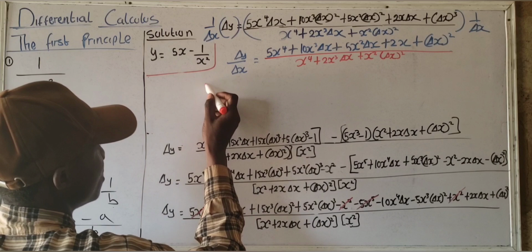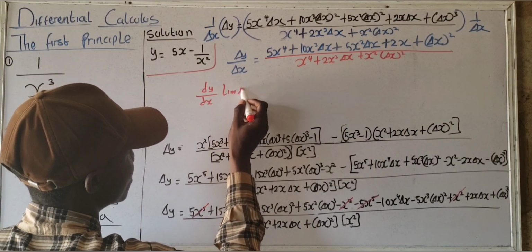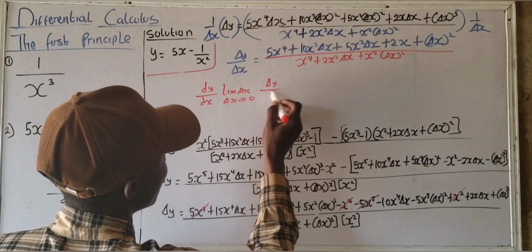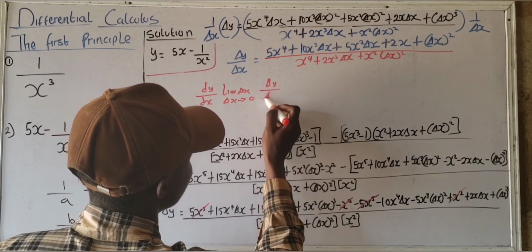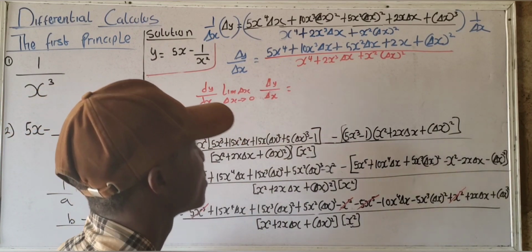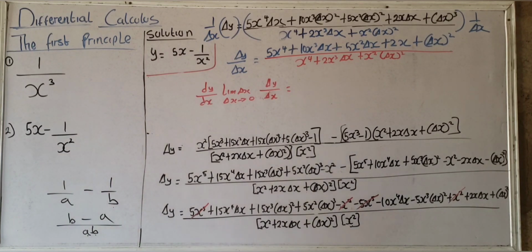So I'm going to have dy all over dx, the limit as delta x tends to 0. The meaning of this statement is that anywhere I see delta x in the right hand side of the equation, I'm going to replace it with 0.